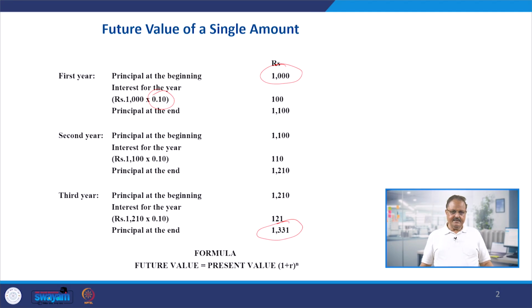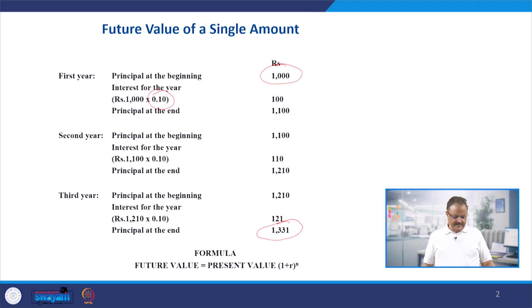If the inflation rate is equal to the discount rate, the value is going to remain the same. But if the inflation rate is very high, then certainly the value is not going to remain the same. Rather, the discounted value of this cash flow, 1331, will be less than the present value of the cash outflow of 1000 rupees.